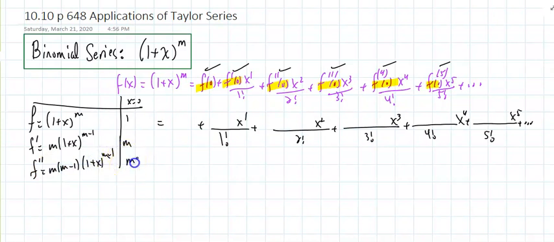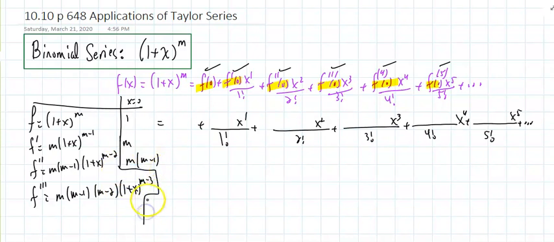And if I plug 0 in, how about the third derivative? Isn't that n times (n minus 1) times (n minus 2) times (1 plus x) to the n minus 3? I'll slow down. So we hopefully see the pattern.